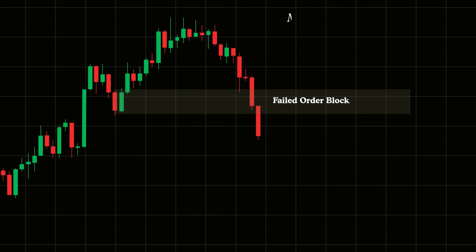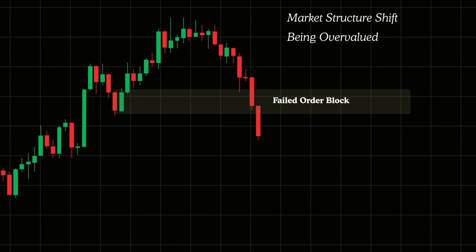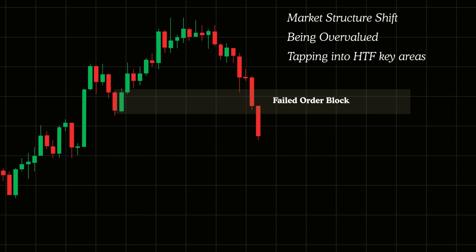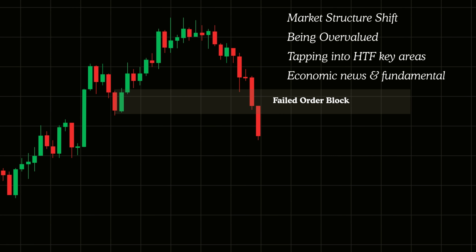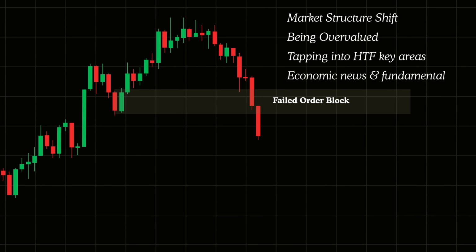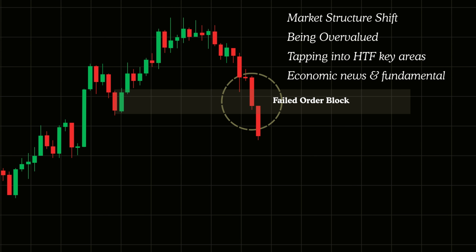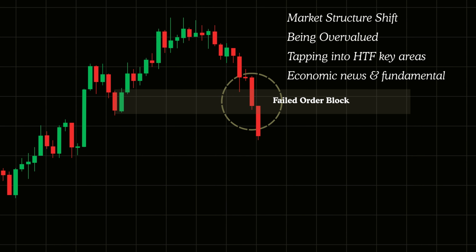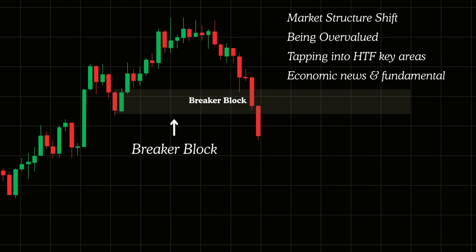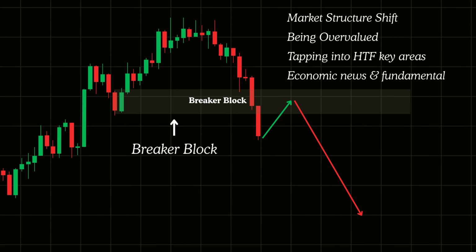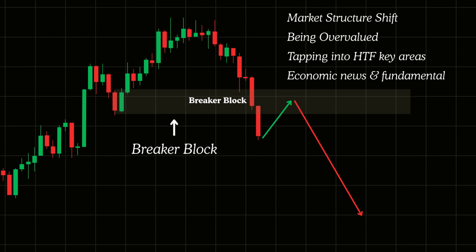These include market structure shifts, an overbought or oversold condition, a reaction to key zones on higher timeframes, the impact of major economic announcements, or other fundamental influences. When a valid demand-side order block fails to reject price and the market breaks below it, the zone is reclassified as a supply level, now known as a breaker block. In such cases, it's generally anticipated that the price will react at this level and continue moving downward.